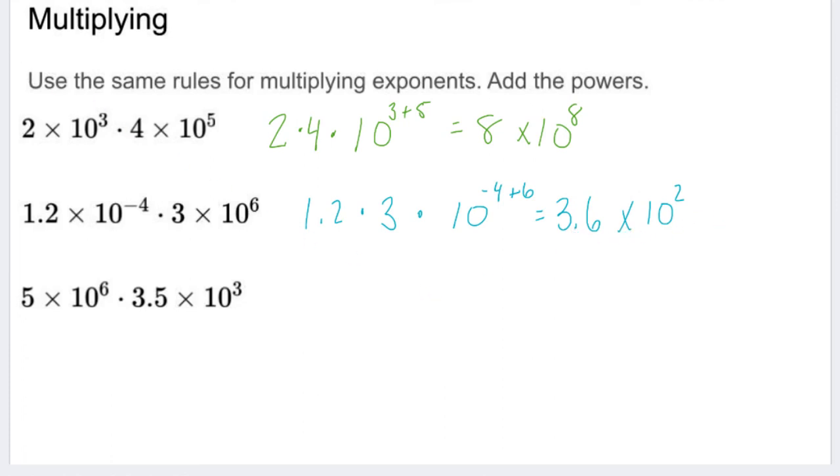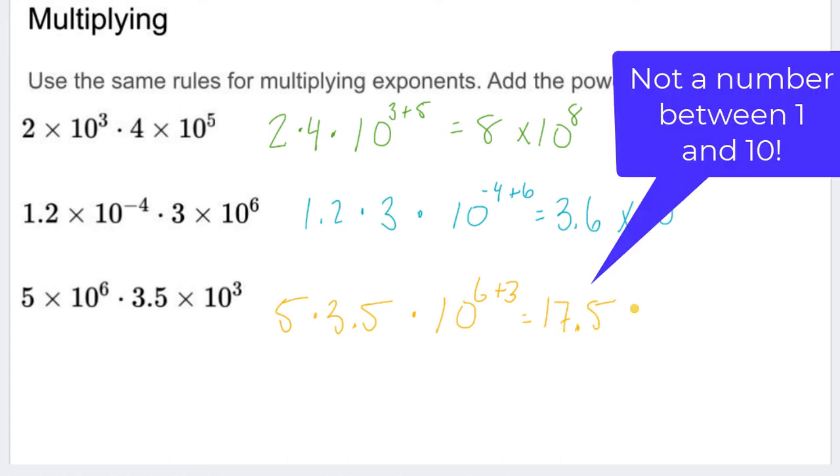One more example. 5 times 10 to the 6th is a very large number, times 3.5 times 10 to the 3rd. So 5 times 3.5 times 10 to the 6th plus 3. 5 times 3.5 is 17.5, and 6 plus 3 is 9, so 10 to the 9th.